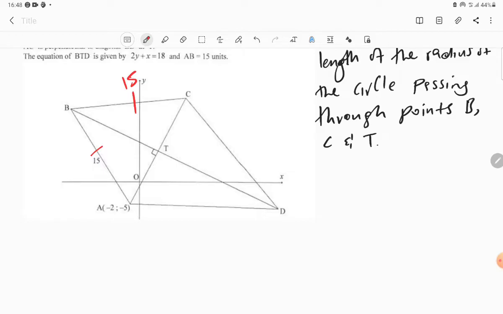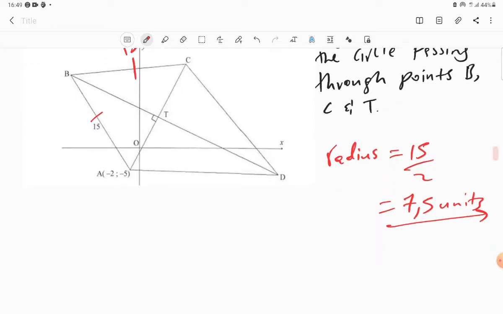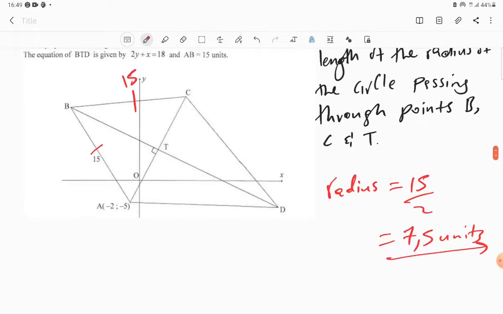Which means the radius of the circle will be equal to 15, which is the diameter, divided by 2, which is going to be 7.5 units. So we are done for this one. Remember the properties of the diameter in Euclidean geometry.